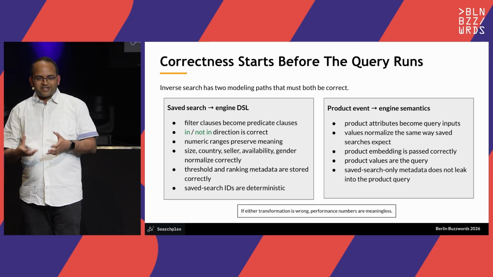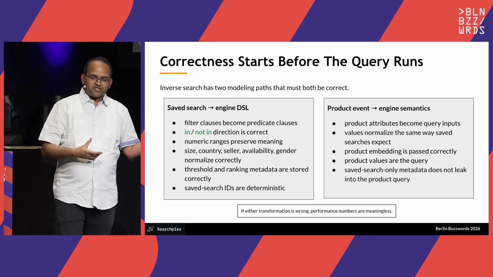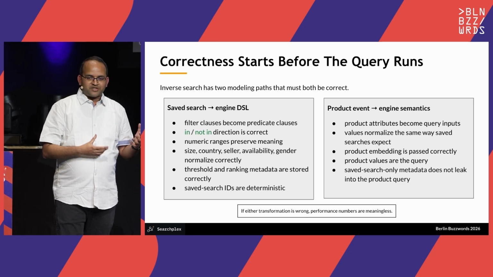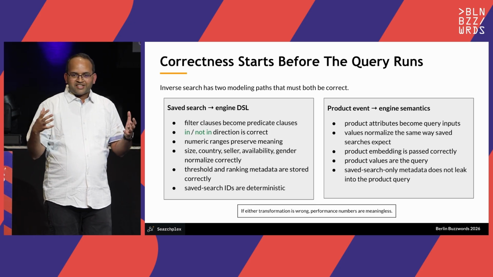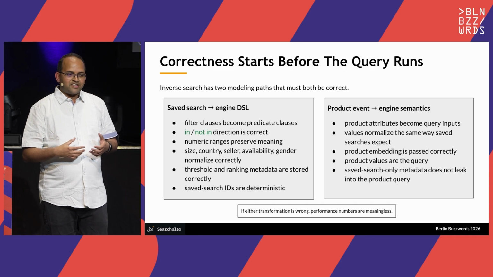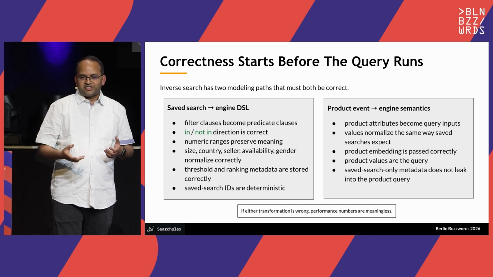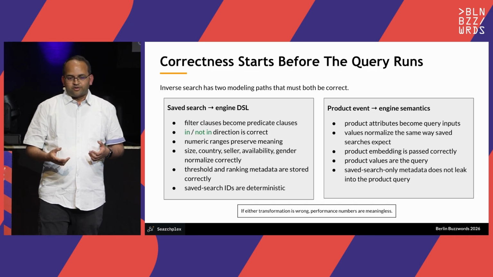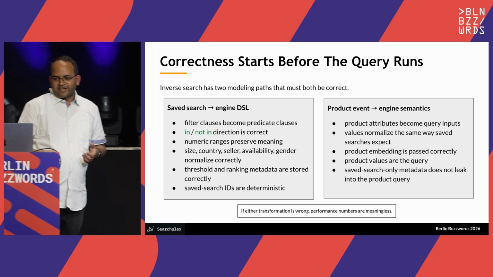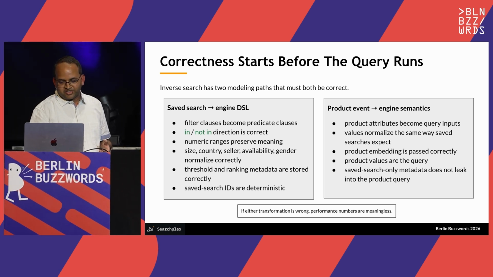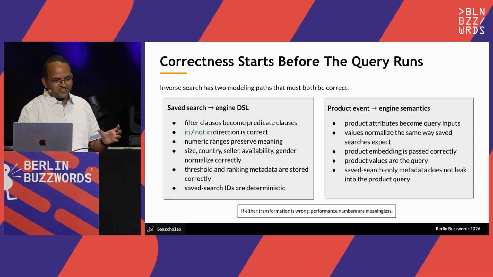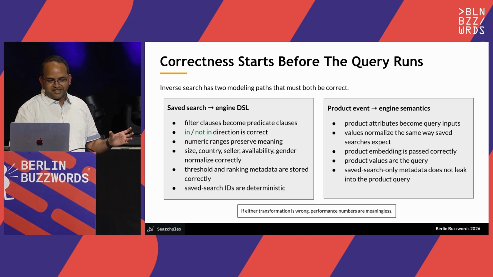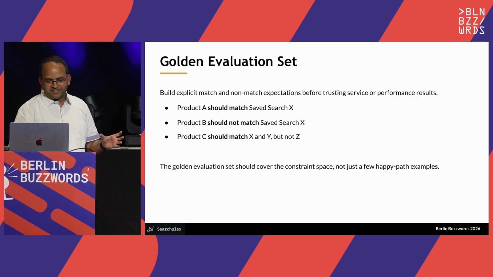And the query, which is a product, how you represent that is also a separate semantic. So before you get to the matching side of things, the first thing is you get these two representations correctly. Ensure your product as a query representation is done correctly, and saved searches are represented correctly with the predicate semantics.